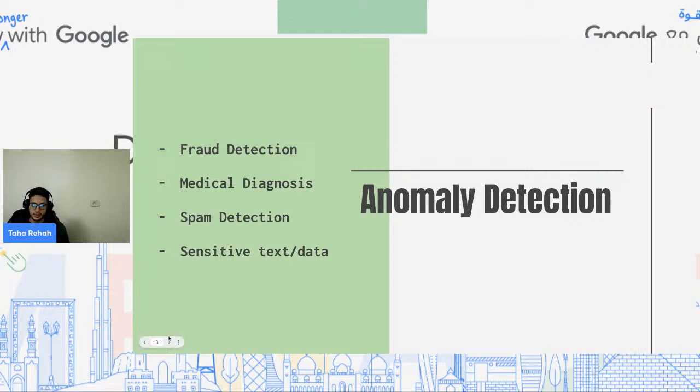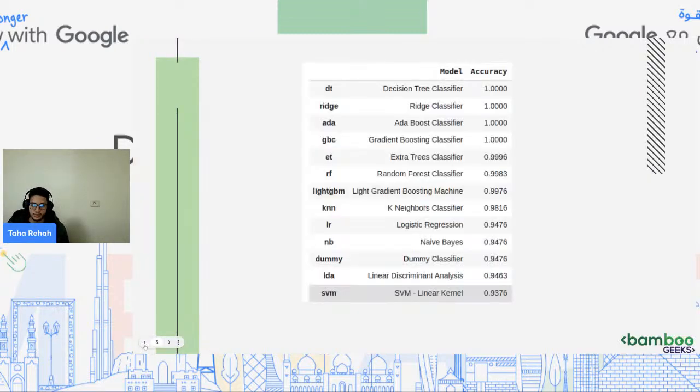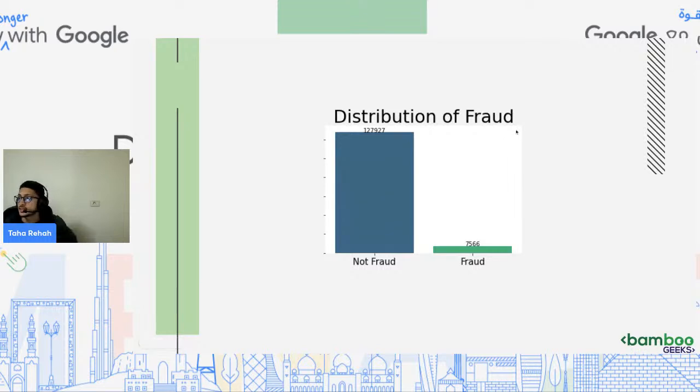Next slide. Okay, this is an example of a distribution of fraud. I took an example dataset and plotted two classes. The dataset is about detecting whether a client is committing fraud or not.